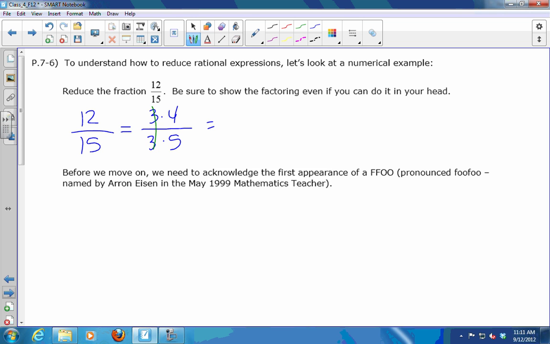So this reduces to 4/5. So the whole premise behind what we do when we reduce a fraction is factoring. Factor it as much as you can, cancel anything that the top and bottom have in common.